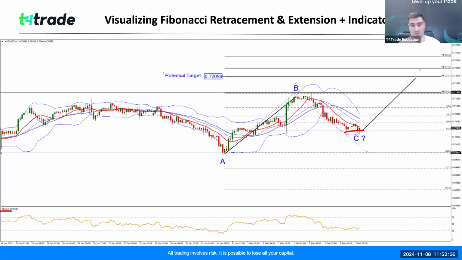And let's see what I mean by this. So again, what do we have here? We have Bollinger Bands. This is the upper bound, this is the lower bound, this is the midline, which is telling you pretty much how much of an extreme move this is.